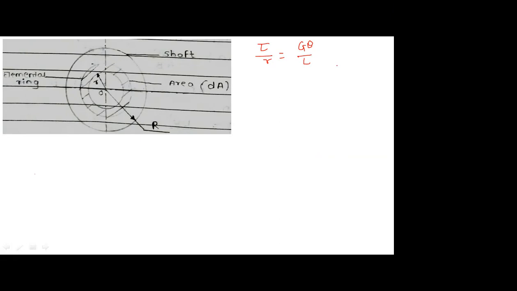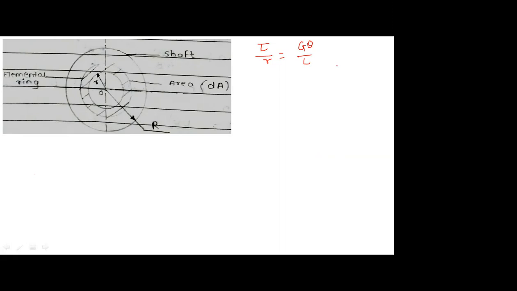So now this is the equation we have derived. That is tau upon R is equal to G theta by L. That means half derivation we have derived. If you see our original derivation, T upon J is equal to tau upon R is equal to G theta by L.